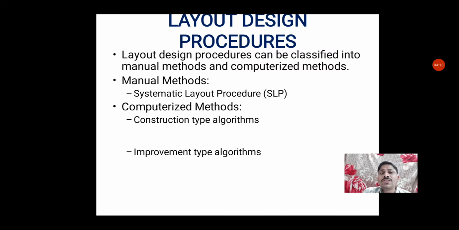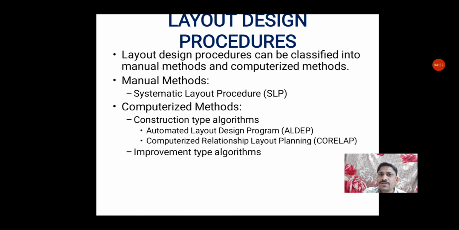Within the construction type algorithms there is the automated layout design program, which is called ALDEP, and also computerized relationship layout planning, which is called CORELAP. These are the two construction type algorithms.